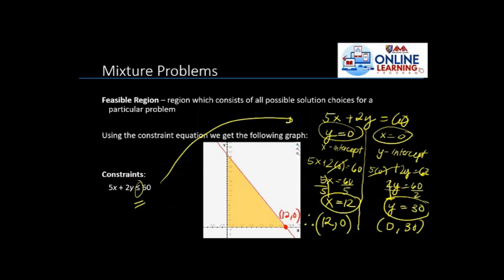After finding the x and y intercepts, i-plot mo sila sa Cartesian plane, then connect them with a line. Therefore, ito yung graph niya. Okay? Naintindihan? Any questions on this?